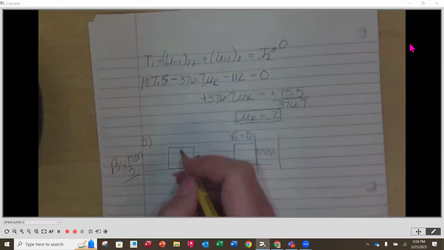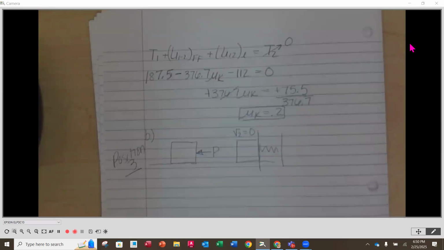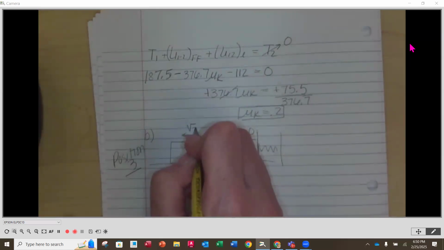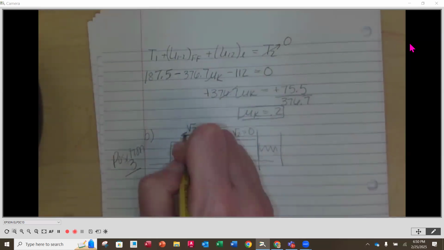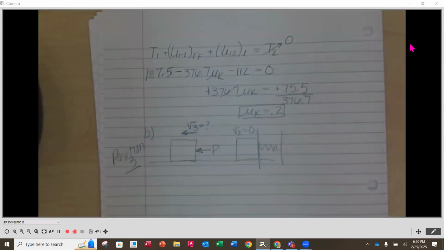So on our package, we're going to have that P force, that spring force that is pushing it to the left. It's also moving to the left. So it is going to have a velocity 3 going to the left. And that's what we need to find, right?